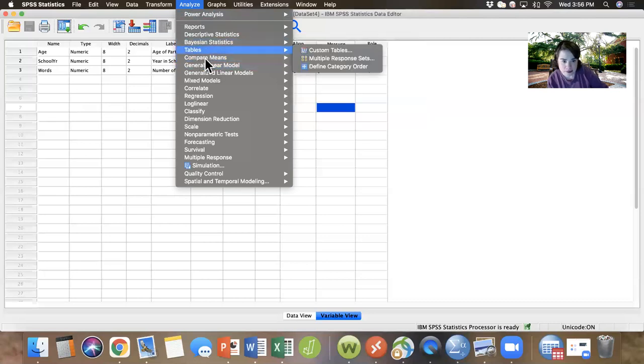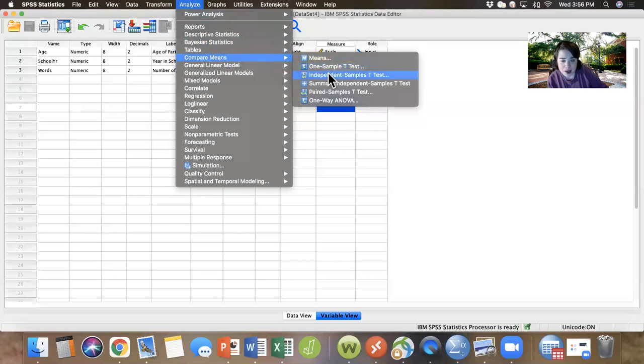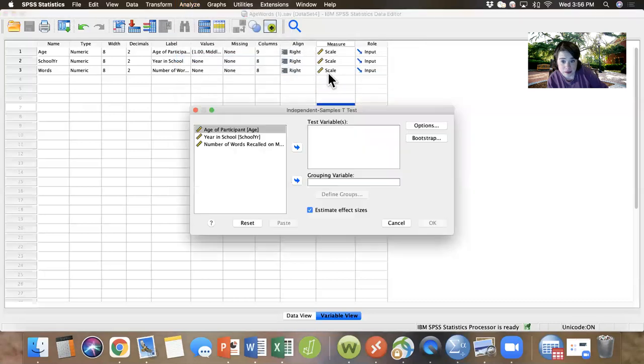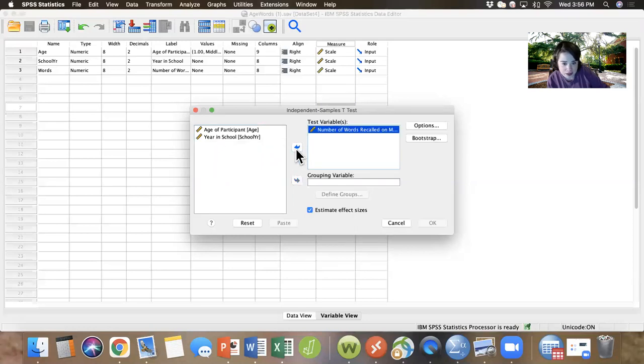And then we're gonna go to Independent Samples t-test, okay? And in this case, our test variable is going to be our continuous dependent variable. So that's number of words recalled, okay? So we're gonna pop that into the test variable box using that blue arrow there.